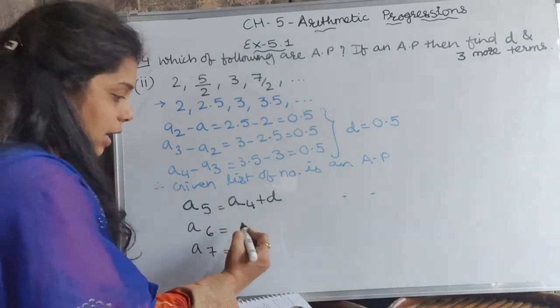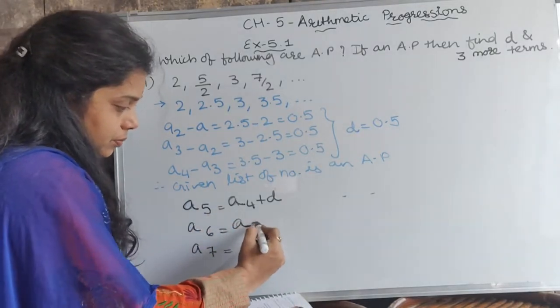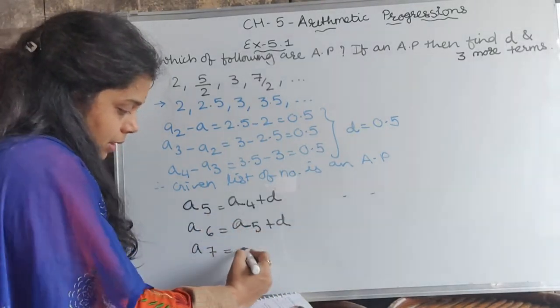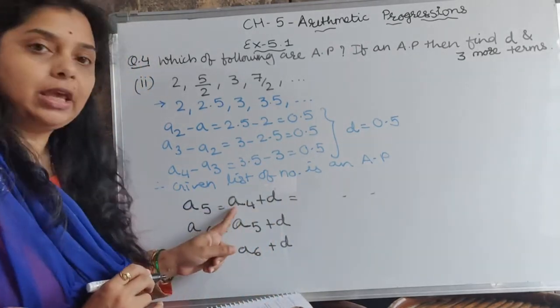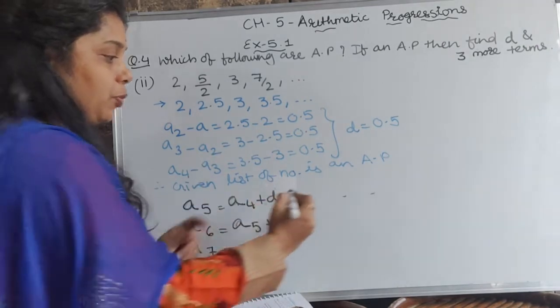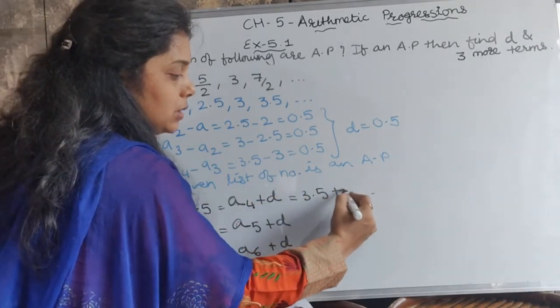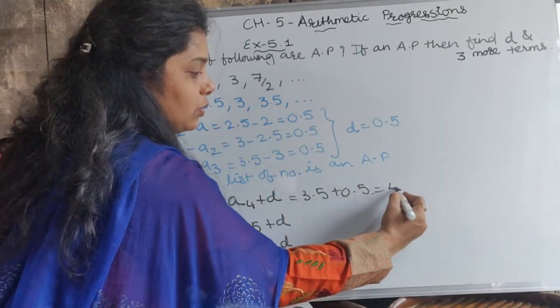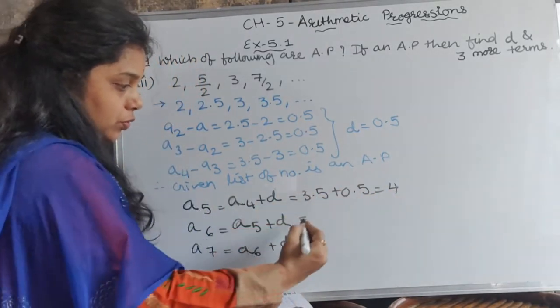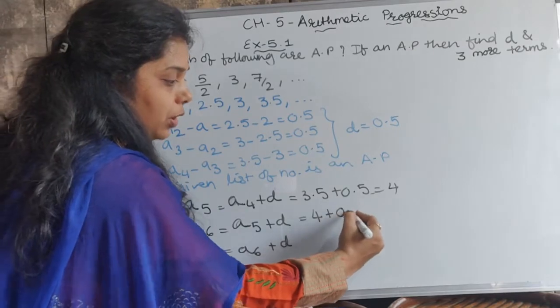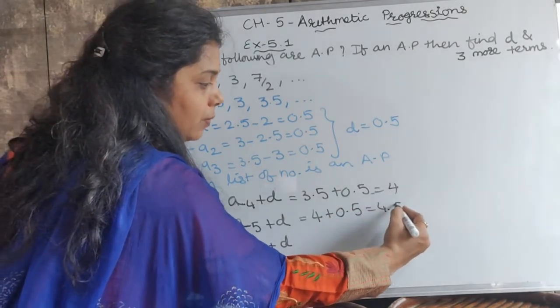Now A5 plus D, A6 plus D. So here A4 is 3.5, 3.5 plus 0.5, so it is equal to 4. Again, A5 we got it, so we put the value directly and 0.5. So it is 4.5.